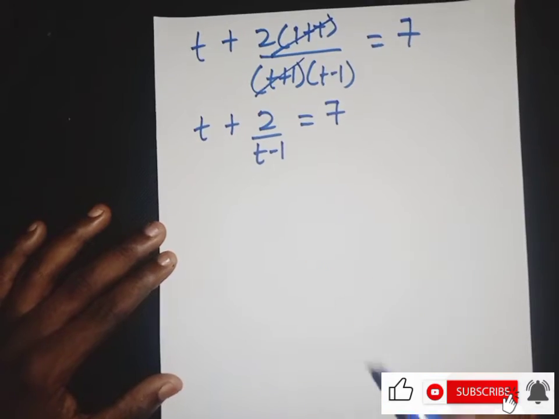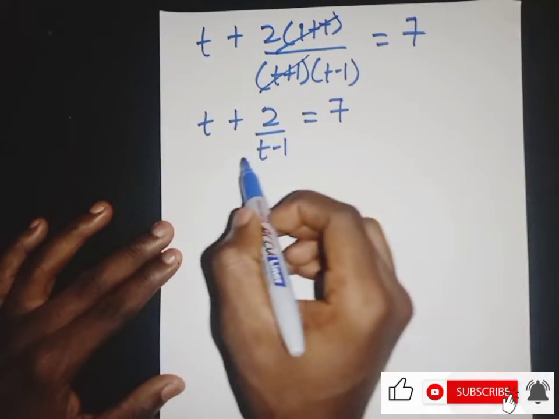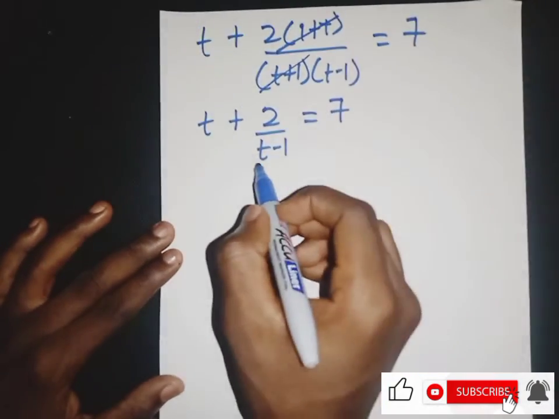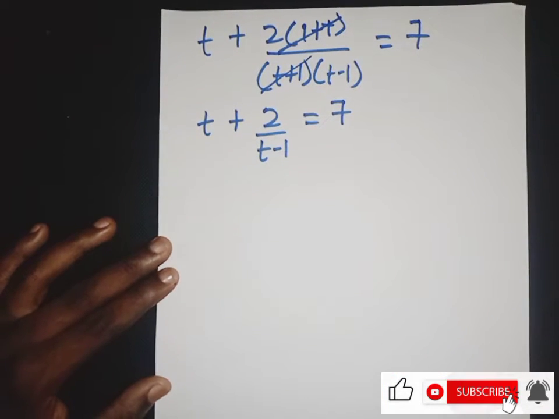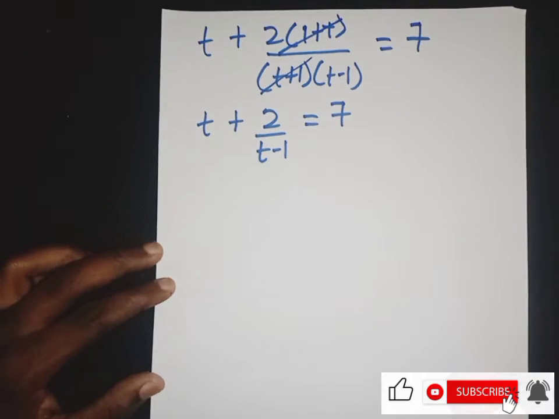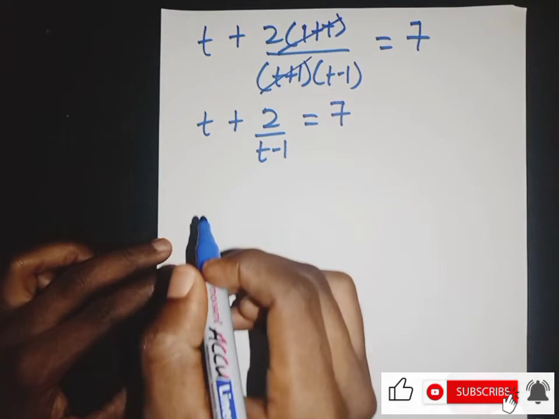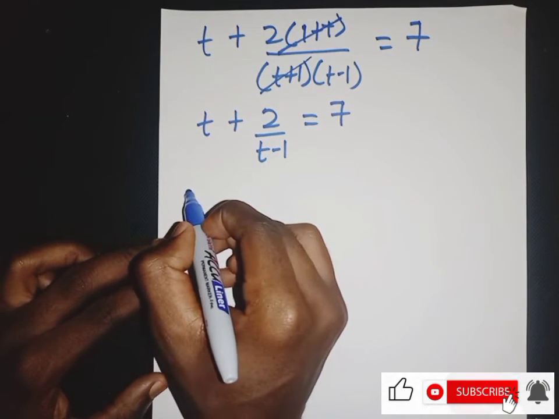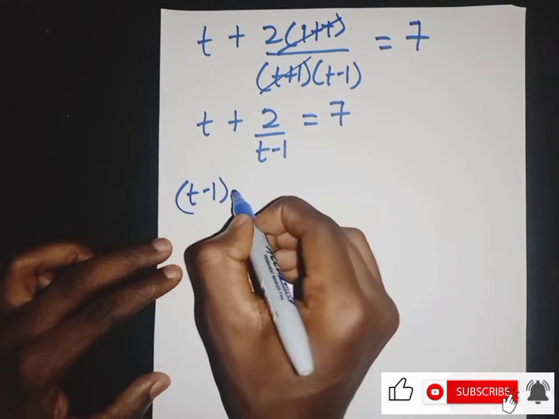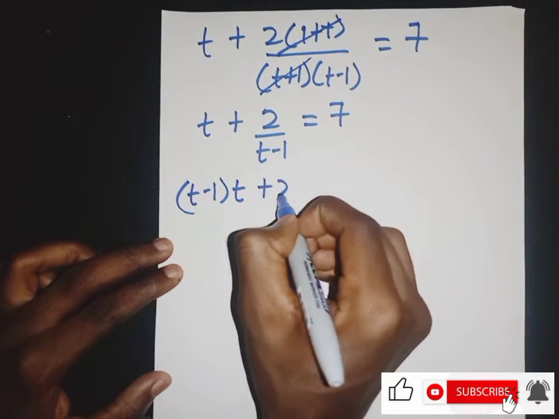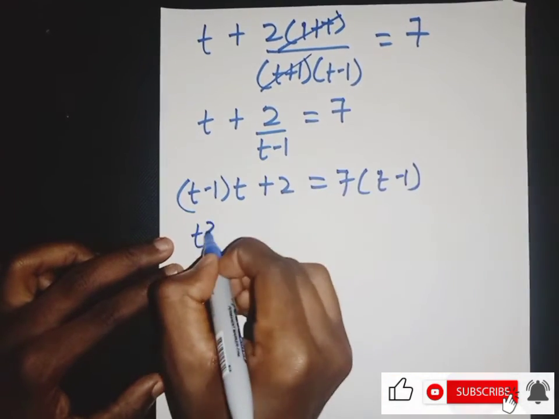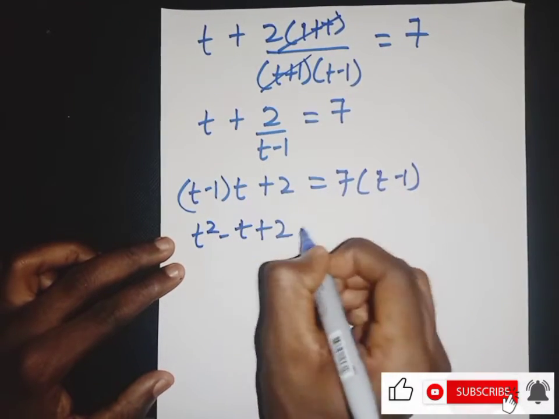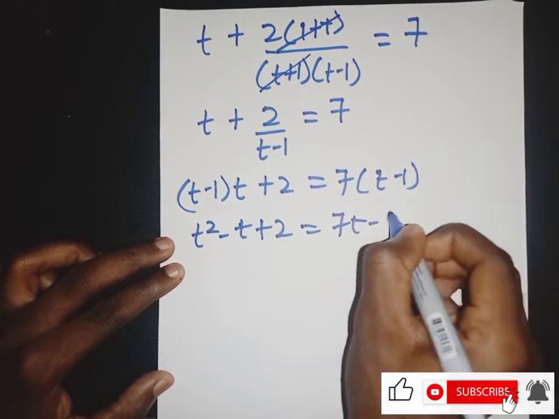In order for us to simplify that, we multiply all sides by t minus 1. Then we have (t minus 1) multiplied by t, plus 2, equal to 7 multiplied by (t minus 1). So we have t squared minus t plus 2 being equal to 7t minus 7.